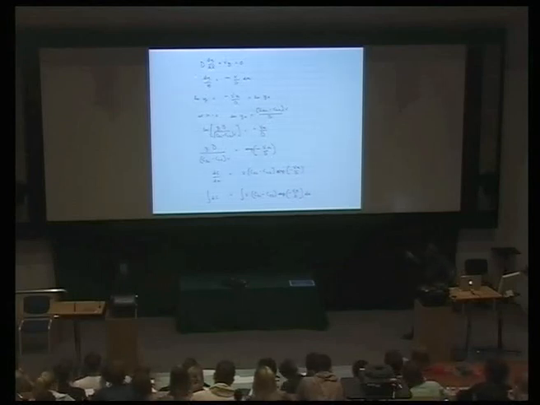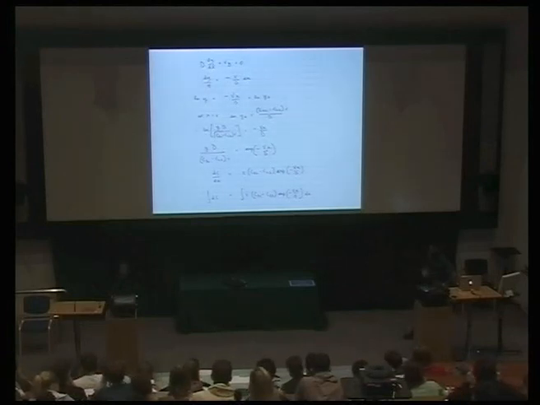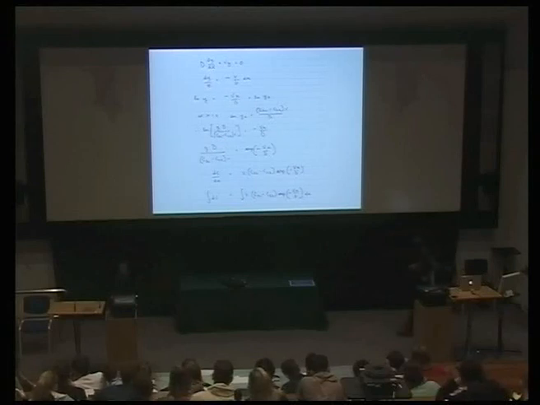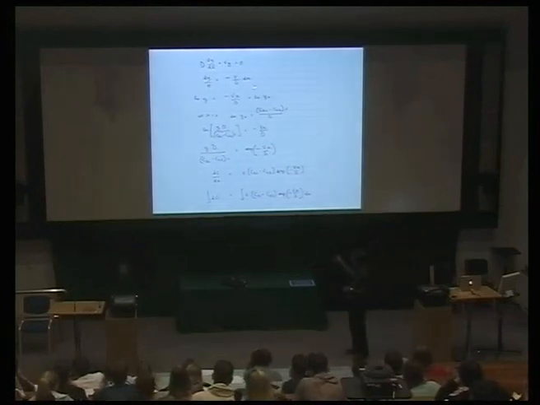And that immediately suggests that, if I integrate this, I will get logarithm of y here. And of course, there's an integration constant. So if I integrate this equation, I get logarithm of y here because the differential of logarithm of y is dy over y.